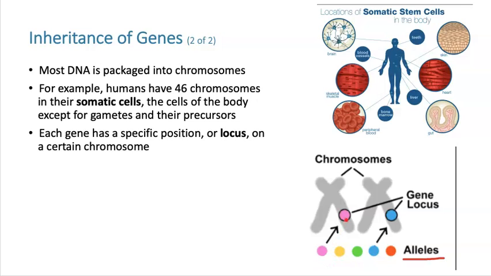So I also want you to know that this is not a female chromosome just because it's pink, nor a blue chromosome. I'm really not even talking about the whole chromosome. I'm talking about the location on the chromosome. This is the location. This is the same location on a different version of the same chromosome. And since they have different versions of the gene, we say that they have different alleles.